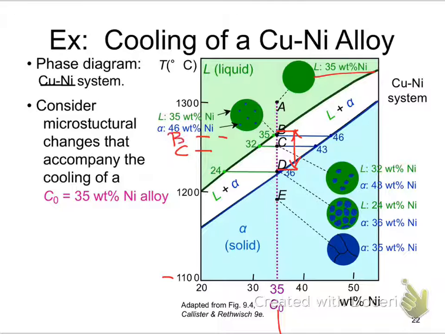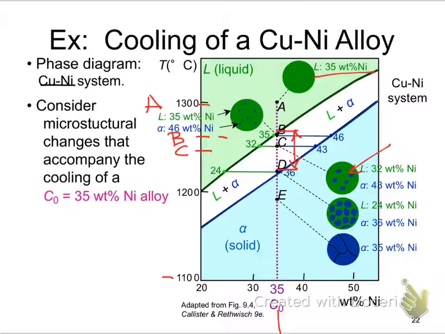When we cool down to point C, I'm going to put these in here. B and A are up here at this temperature. At point C, we have both liquid and solid present. Those crystals, or nucleation sites, have grown. They're larger now.